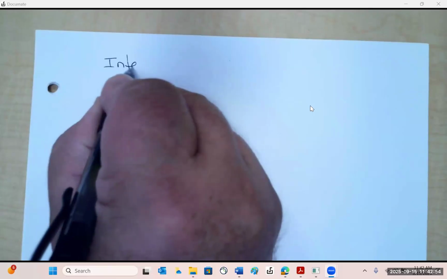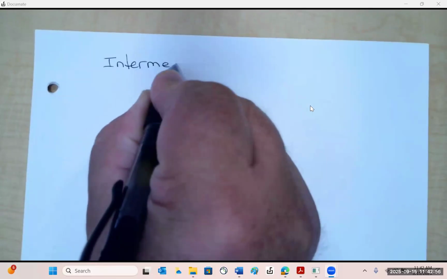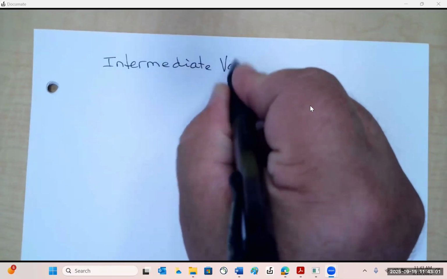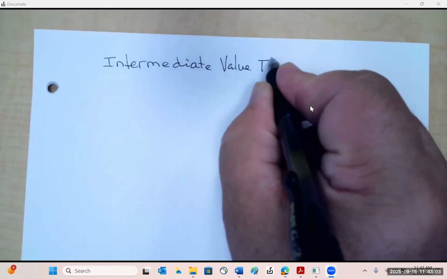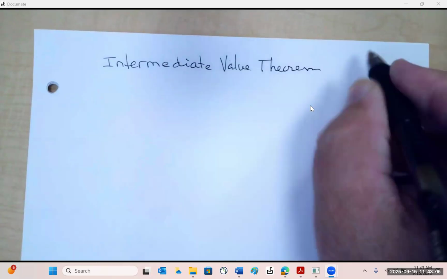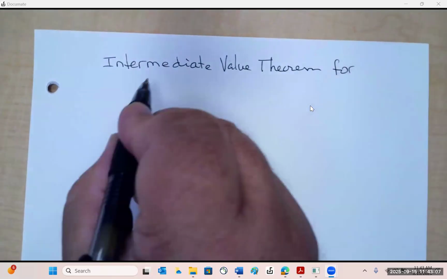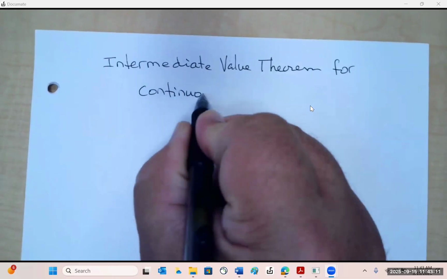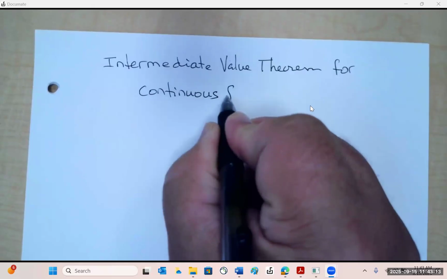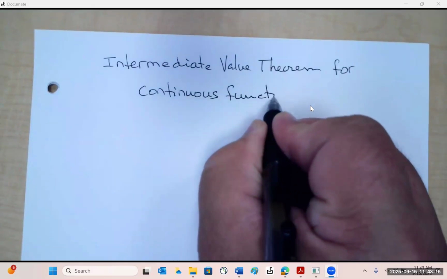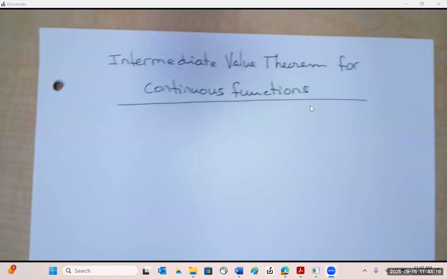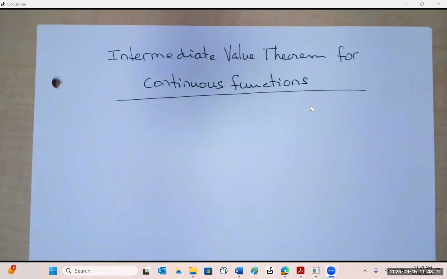The intermediate value theorem for continuous functions. Actually, it's always been the case, even in algebra. We always talked about a function having to be continuous before we did the intermediate value theorem.